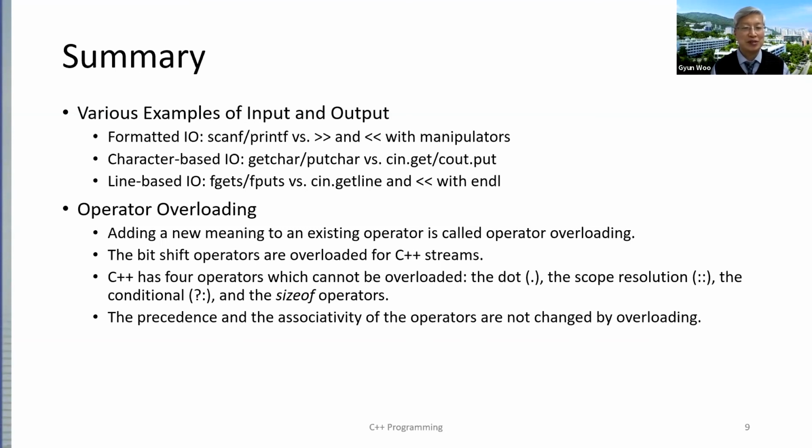So you can use these functions for C streams and C++ streams. For C++ streams, for character-based IO, you can use cin.get or cout.put. But I just used the normal insertion operators. And for line-based IO, you can use cin.getline.